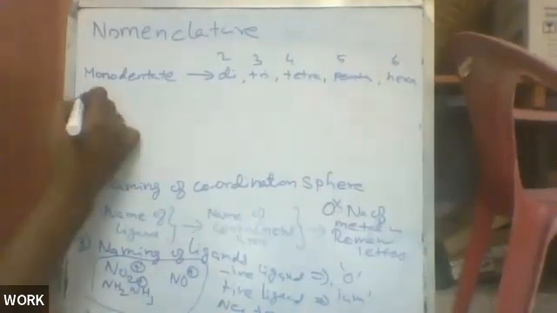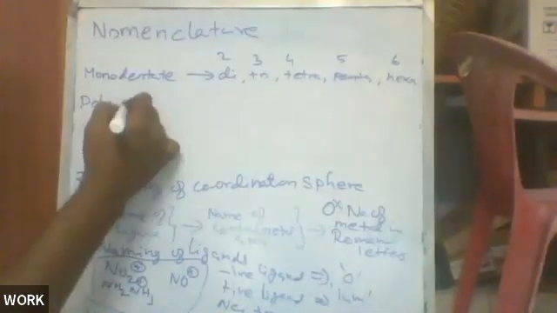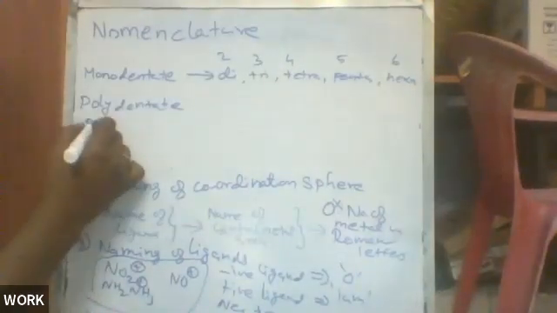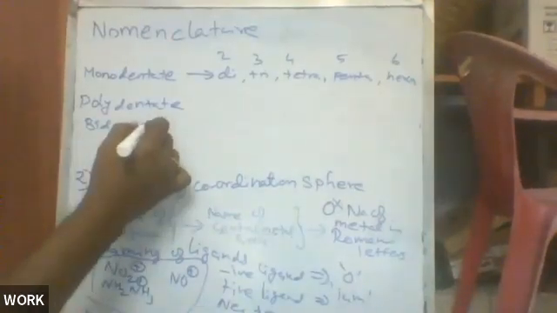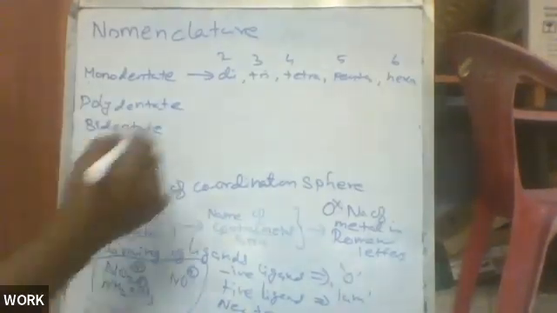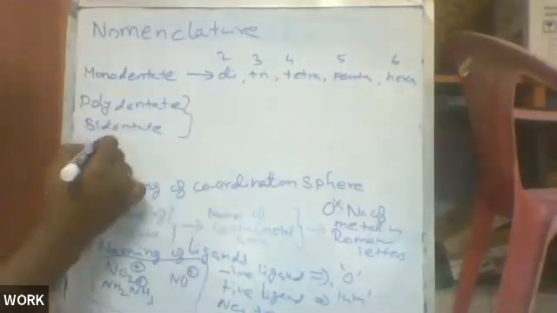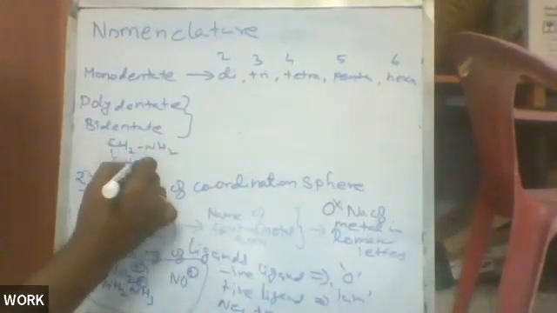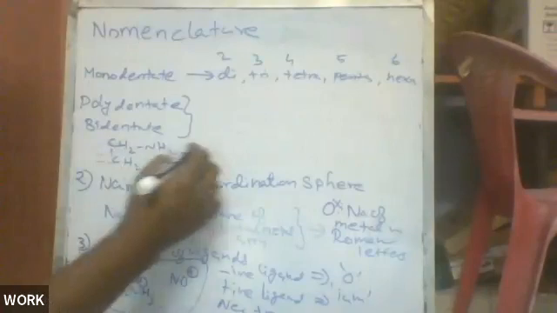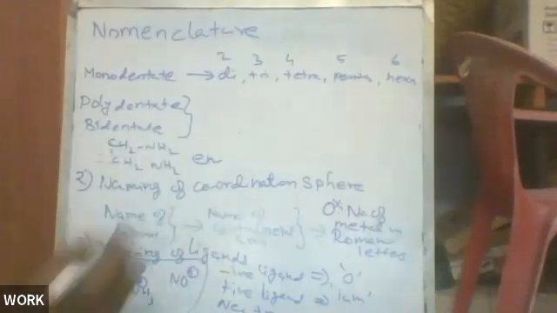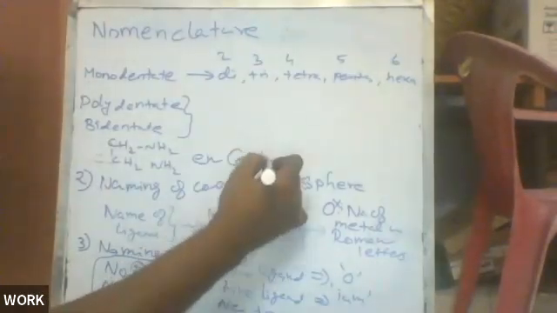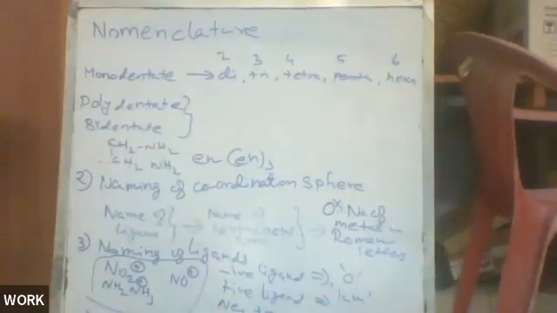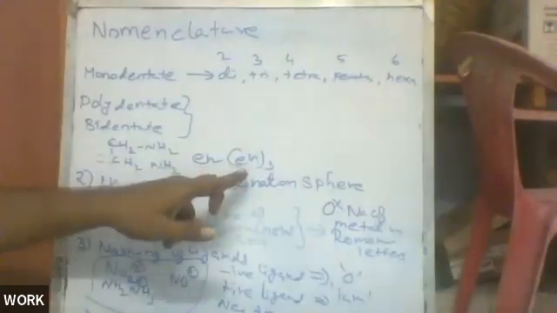If it is polydentate, or bidentate, ethylenediamine, that is CH2NH2CH2NH2. This is the ligand, and we call it en. With en three times, how do you say it? You should not say triethylenediamine.